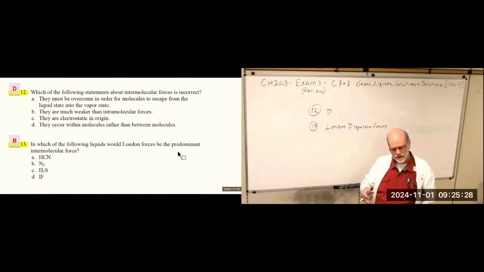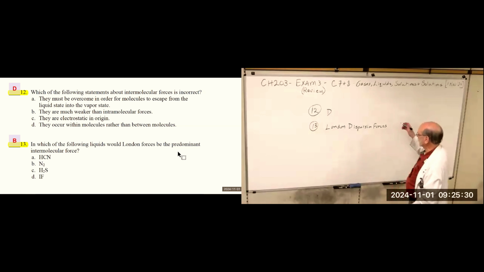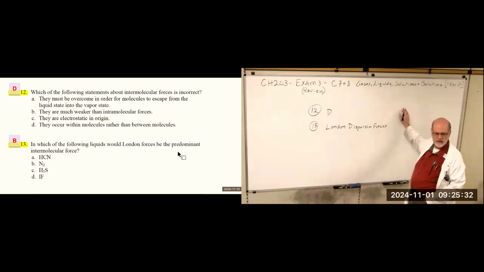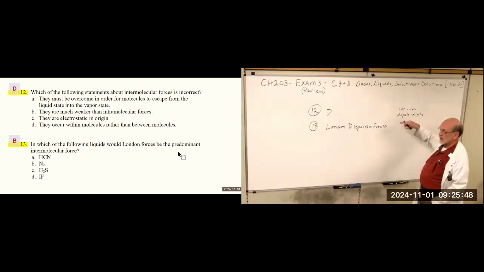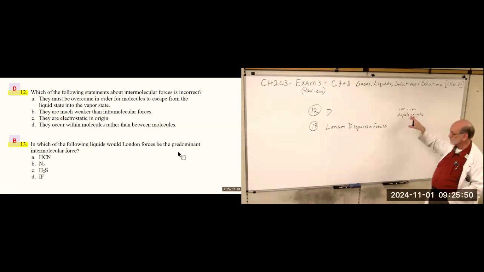So how are they on the scale of intermolecular forces? What's the strongest intermolecular force? Well, ion-ion, of course. Under that, we have dipoles. Or you can have dipole-ion also.